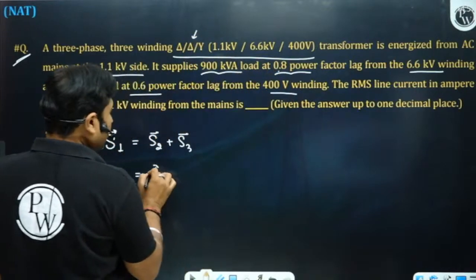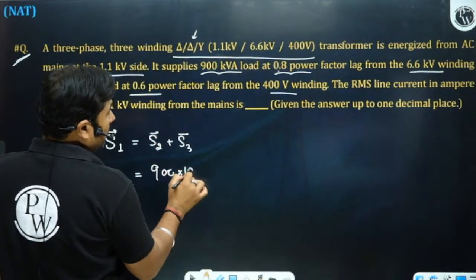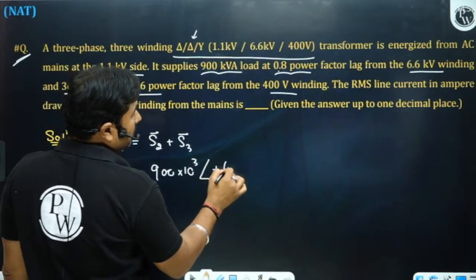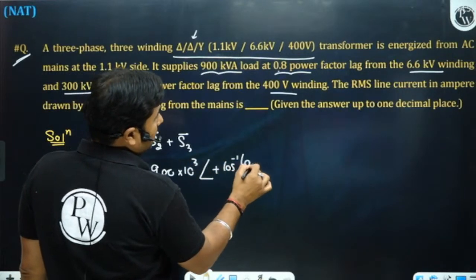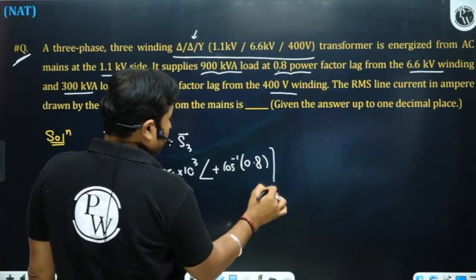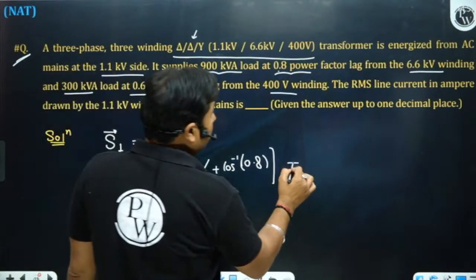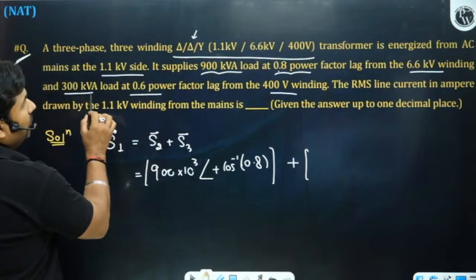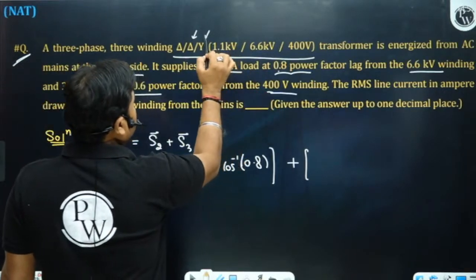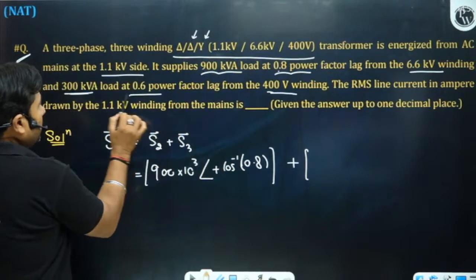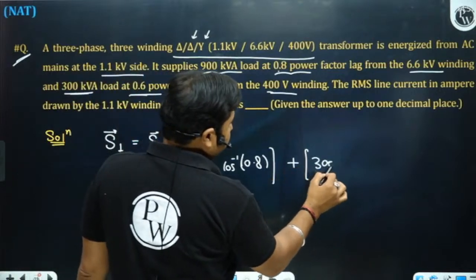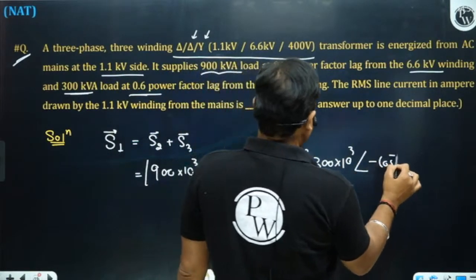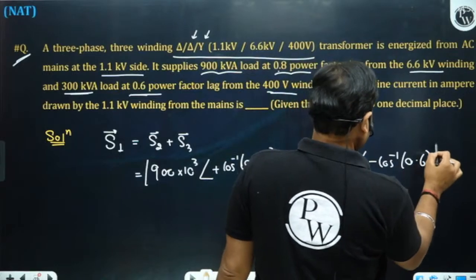So 900 kVA load at a power factor of 0.8 lag. Yes sir. The other is the 400 volt winding. This one I am treating as the tertiary, 300 kVA at a power factor of 0.6 lag.